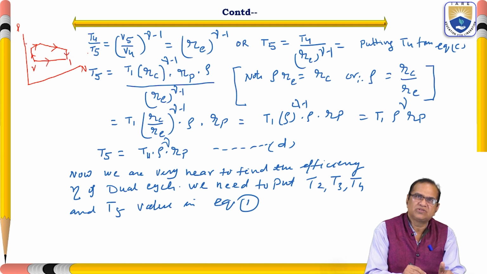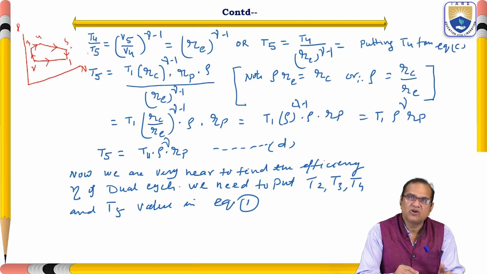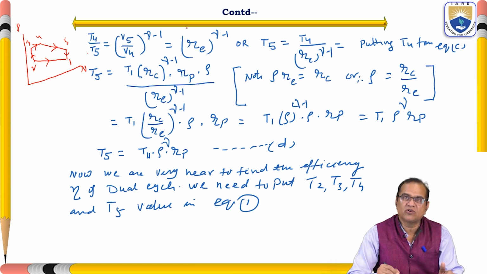So here T4 by T5 is equal to V5 by V4 to the power gamma minus 1, and V5 by V4 is called the expansion ratio RE.